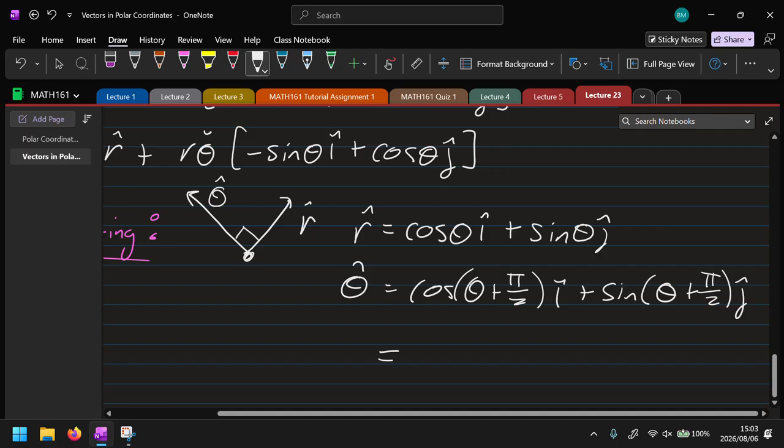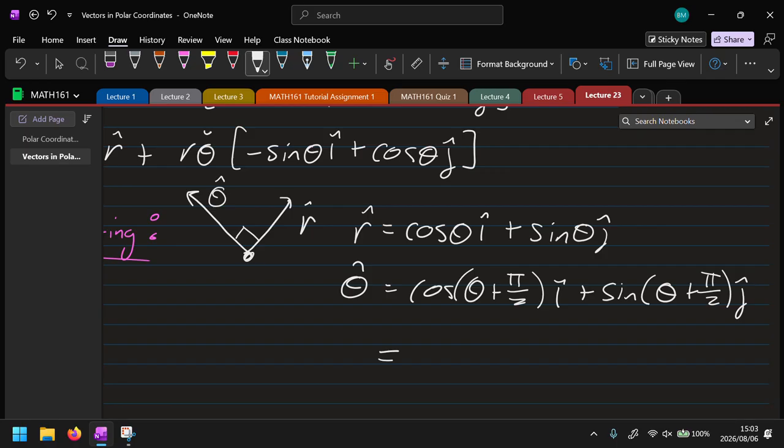Okay, cos of theta plus pi over 2, what's that? Special angles, negative sign, thank you. Okay, and then sine of theta plus pi over 2. Cos, yeah, co-functions, right?